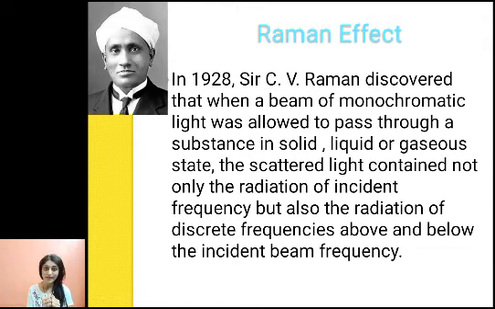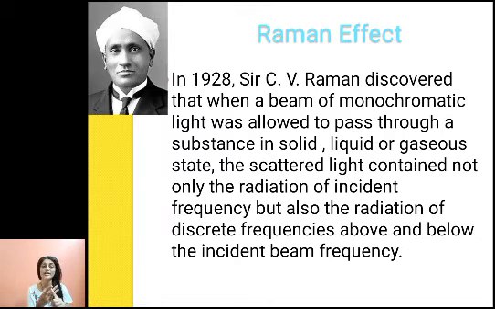When a monochromatic beam of radiation passes through a substance, in any form, the scattered light which we get doesn't have only a frequency equal to the frequency of the incident radiation, but in addition it has two more frequencies. One is slightly higher than the frequency of incident radiation, and another is lower than the frequency of incident radiation. So what is the Raman effect?